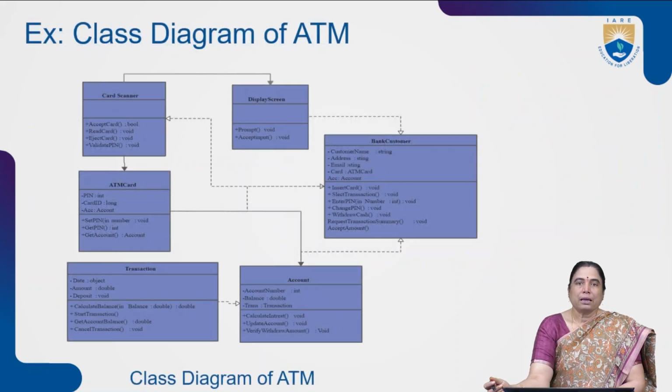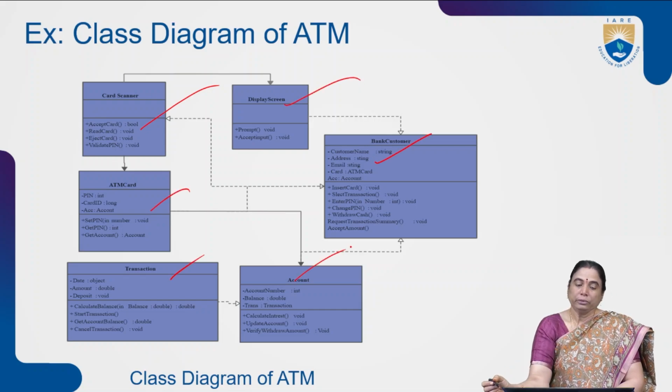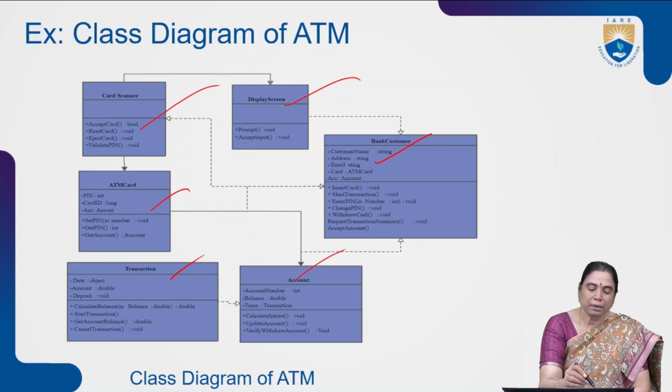So consider the example class diagram of the ATM. Majorly, the ATM class diagram consists of 5 classes. And each class can have 3 compartments: the class name, the data upon which the class operates, and the operations. Consider here the ATM card.